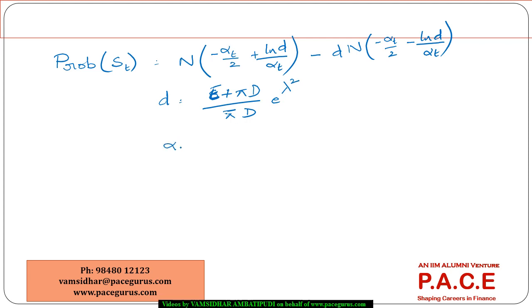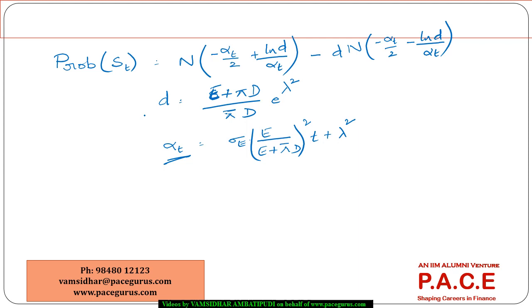And similarly, the alpha t comes out as the volatility of equity times the equity value divided by the asset value, which is E plus pi bar times D, squared, T plus lambda square. So this is what comes out as the value of alpha.